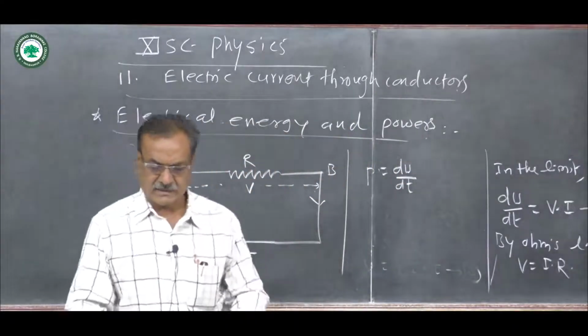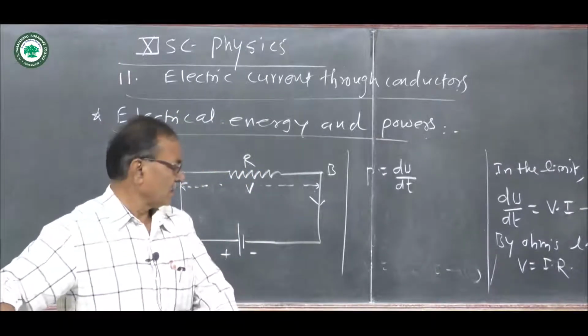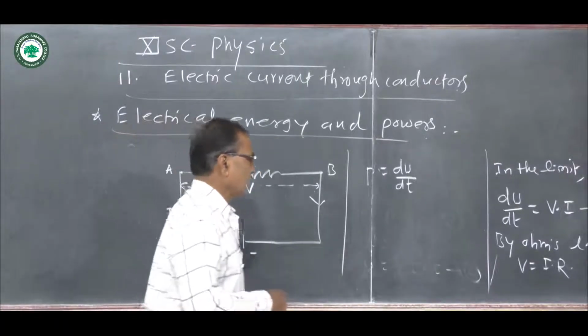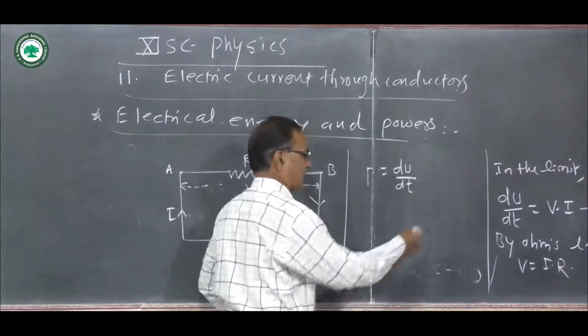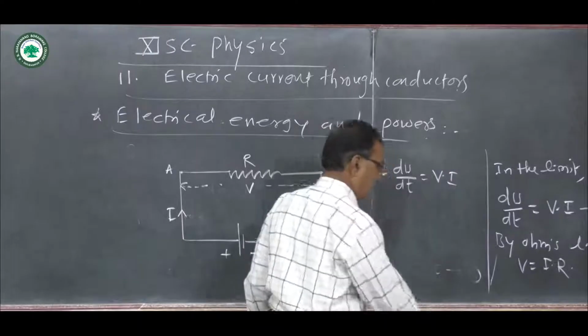That is the time rate of transfer of energy, and therefore we can write P equal to dU by dt, from equation 3, is equal to V into I.